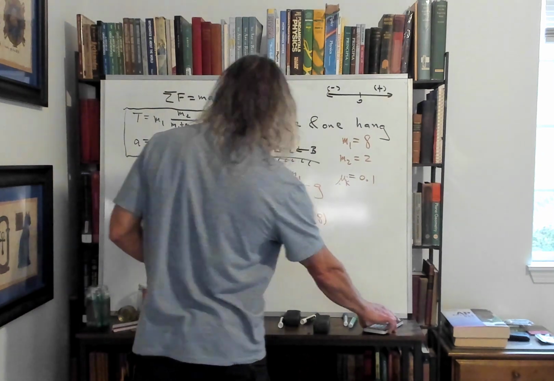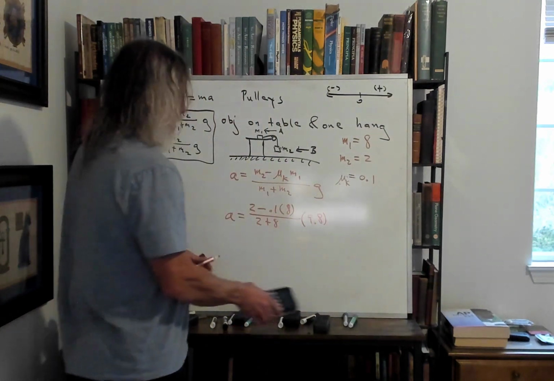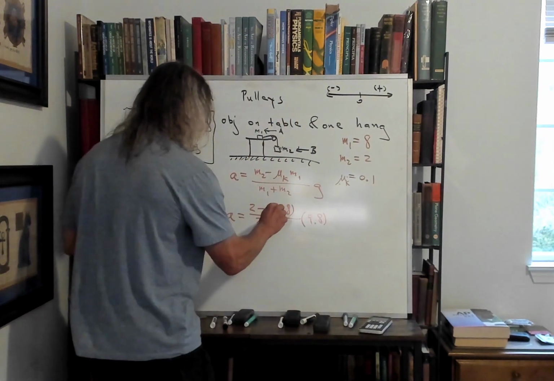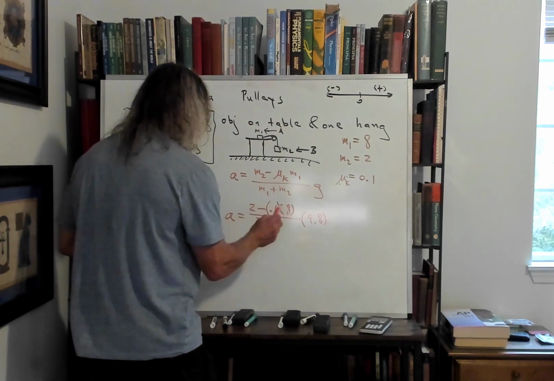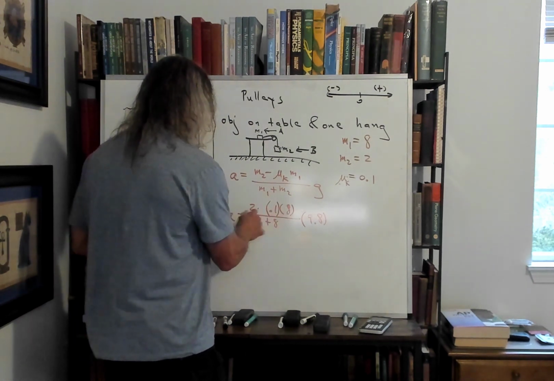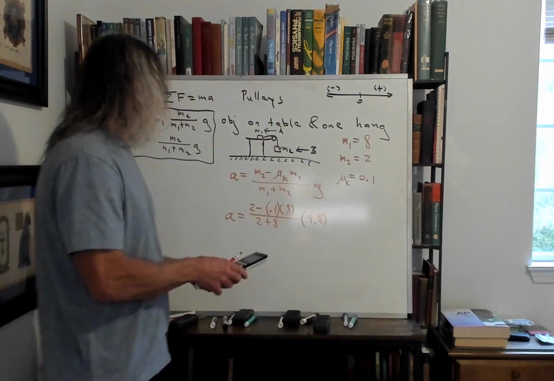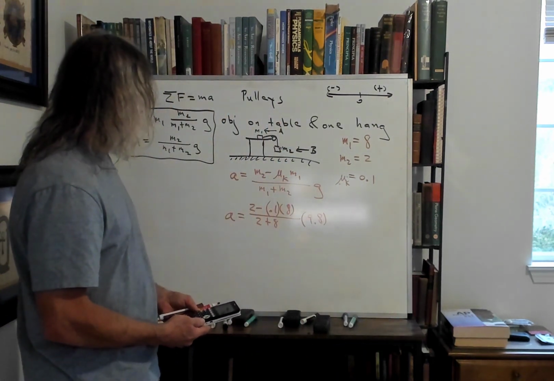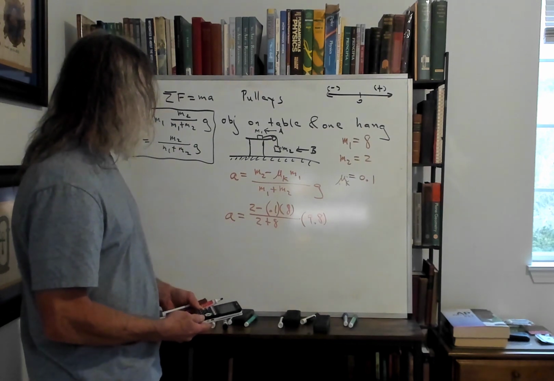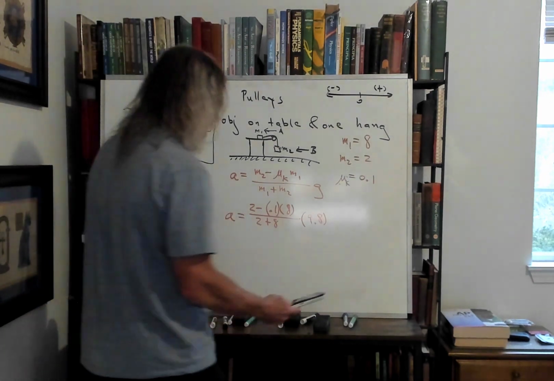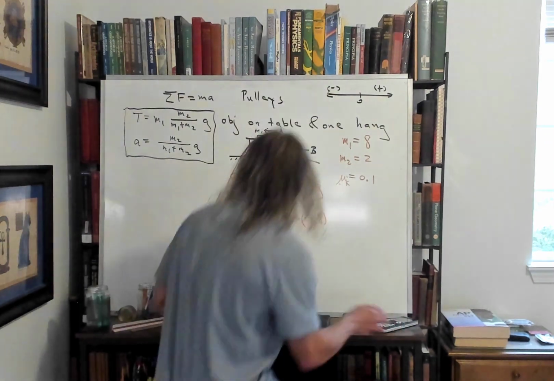Then I'll put this in parentheses, make sure we're trying to help some people, some folks might get confused. You're tired, you don't rewrite 0.1. So 0.1 times 8 is 0.8. 2 minus 0.8 is 1.2. 1.2 over 10. I'll write it out, make sure people are clear.